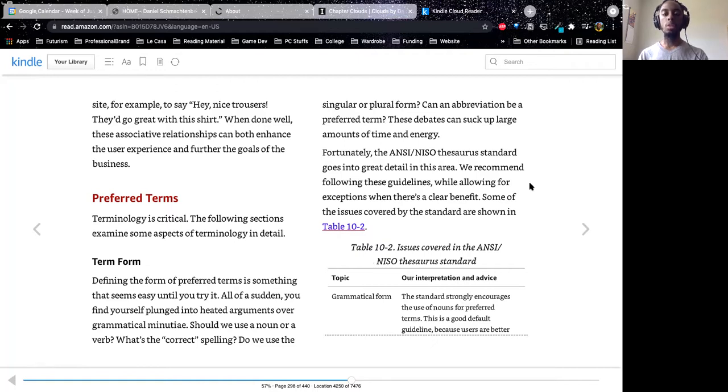Can an abbreviation be a preferred term? These debates can suck up large amounts of time and energy. Fortunately, the ANSI and NISO standard goes into great detail in this area. We recommend following these guidelines while allowing for exceptions when there's a clear benefit. Some of the issues covered by the standard are shown in table 10-2.